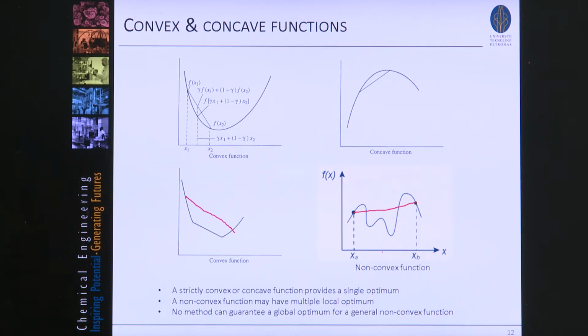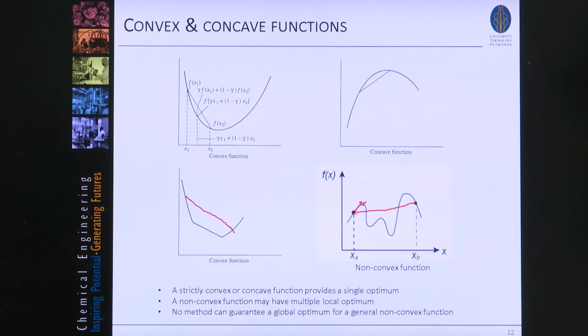The problem with the non-convex function, I think you can see it. If you want to find the optimum of the objective function, say for example you want to find the maximum value of f(x), and we start from here, xa, the algorithm will ask us to go to this point. Once it is on this point, it will say we have an optimum f.